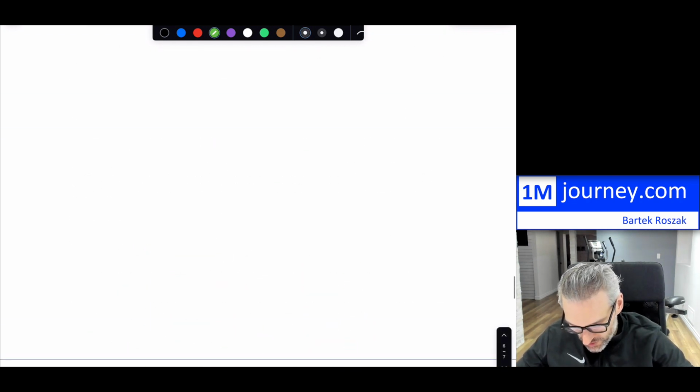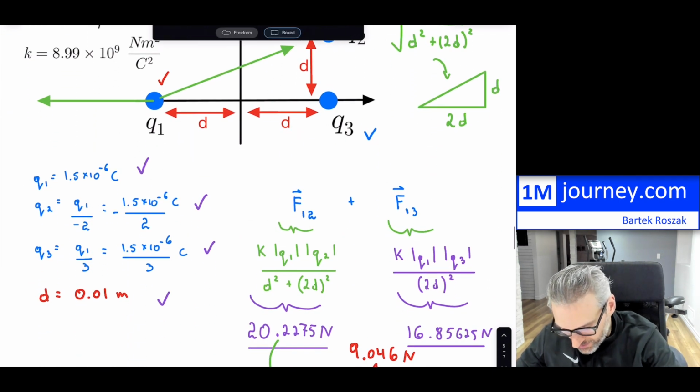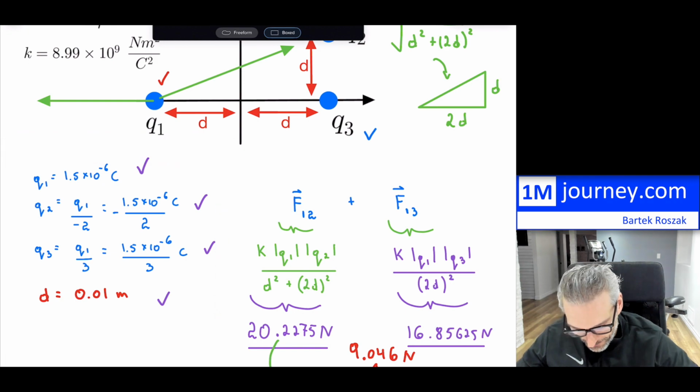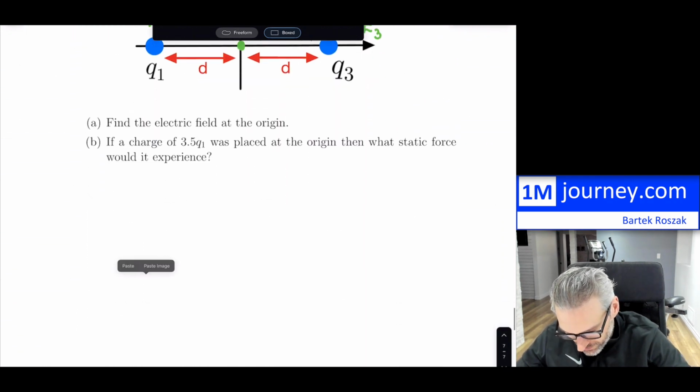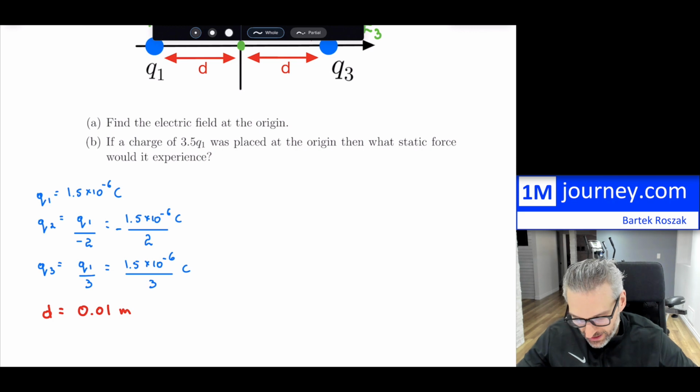I'm going to steal a little bit from the previous example. I'm going to take my charges and my distances, so that I have all of these already. Let's get these ready, and then we'll work with them one at a time.